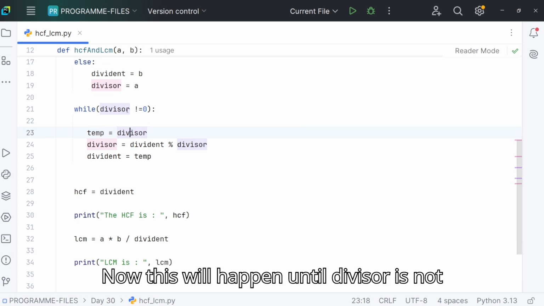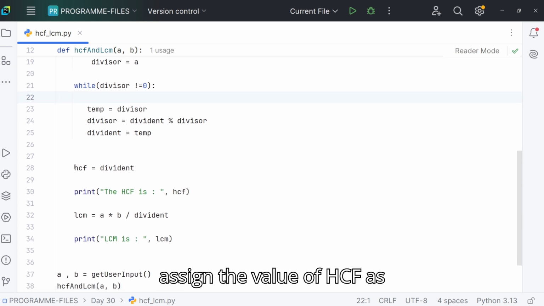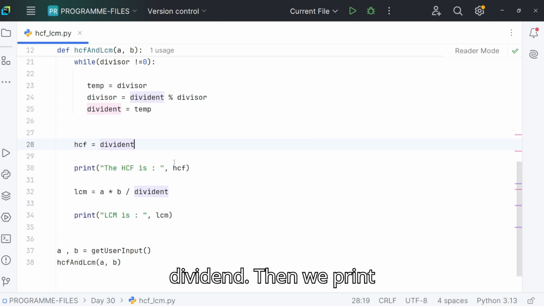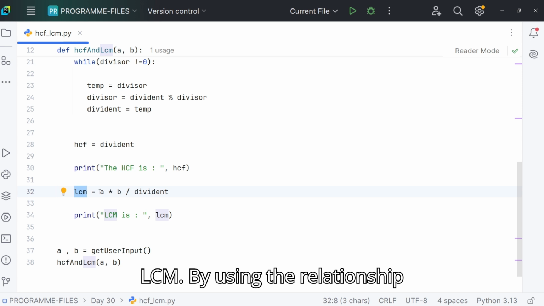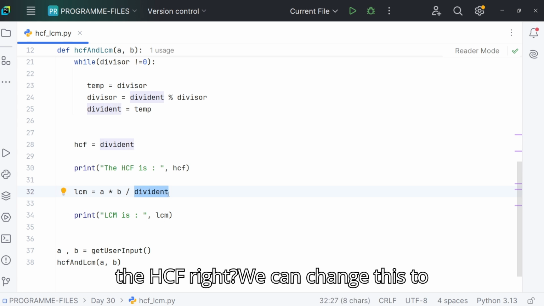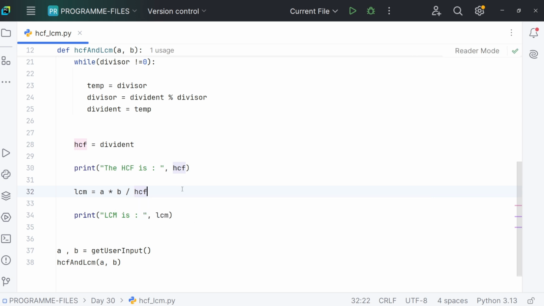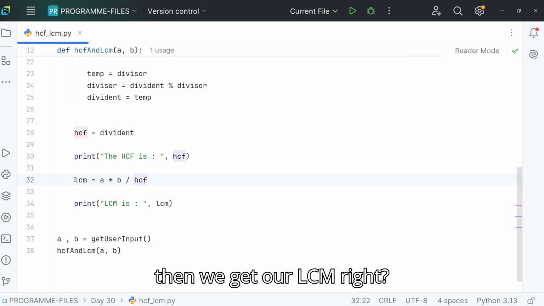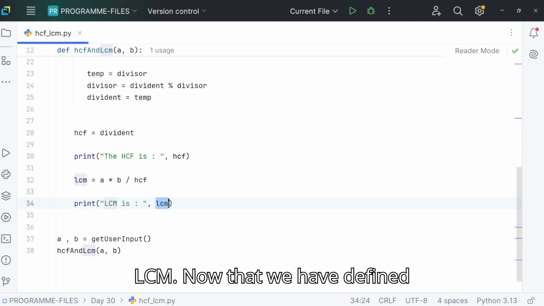Now this will happen until the divisor is equal to 0. Next, we assign the value of HCF as the dividend. Then we print the HCF. Next, we calculate the LCM by using the relationship formula where A into B is divided by the HCF. Right, then we get our LCM. After we get our LCM, we print our LCM.